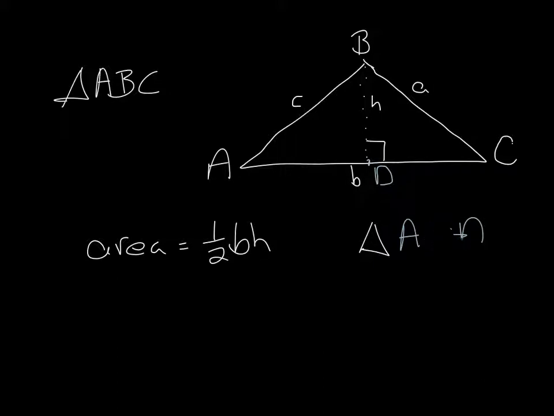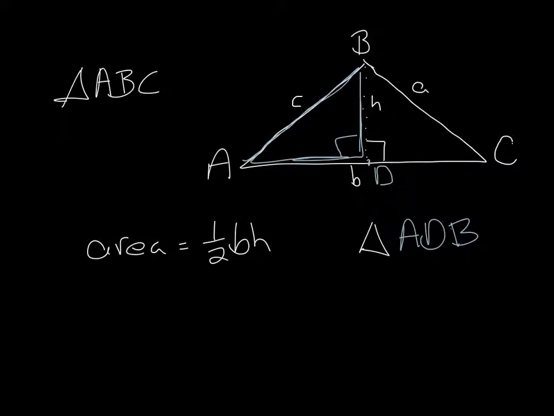Let's go A, D, B. If I look at my triangle ADB, so I'm looking at this triangle here on the left, I know that this is a right triangle.